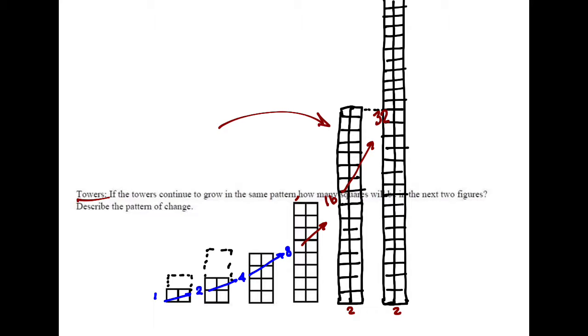This one right here is 2 by 16, so there are 32 squares. And the next one is 32 by 2, so it'll be 64 squares. And the pattern of change, it doubles in height, but it stays 2 across.